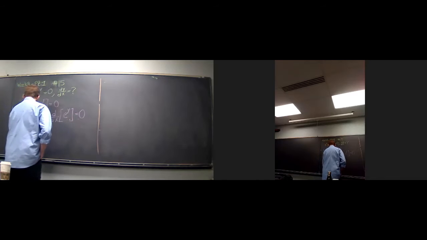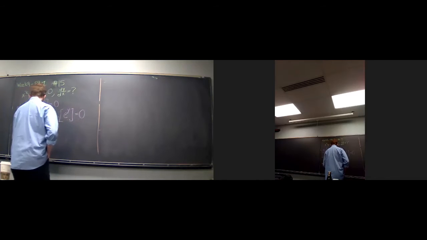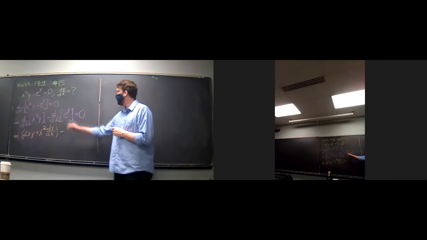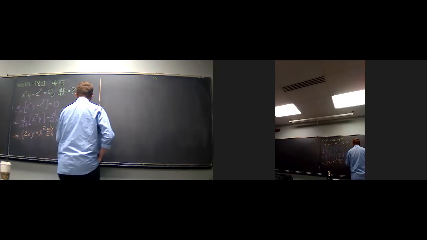And when we do, we're going to get 2x times y plus x squared times dy dx minus the derivative of this thing under implicit differentiation, which is going to come out to be e to the y times dy dx.